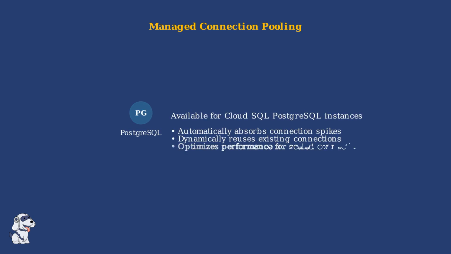Google Cloud offers managed connection pooling specifically for Cloud SQL PostgreSQL instances. This service automatically absorbs sudden connection spikes, dynamically reuses existing database connections, and optimizes performance, especially for applications with scaled connection requirements. The performance impact of connection pooling is substantial.